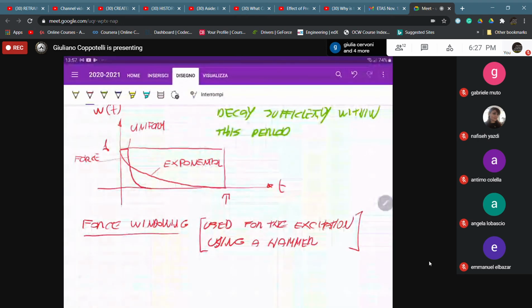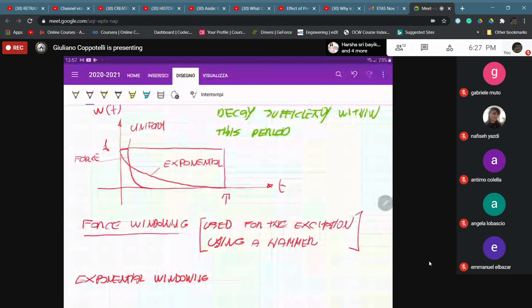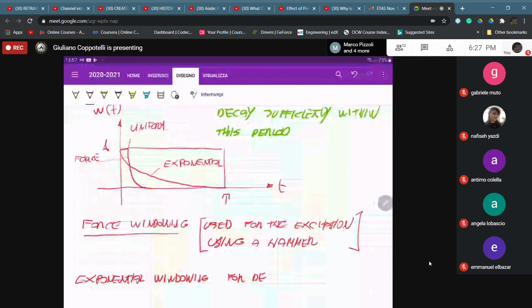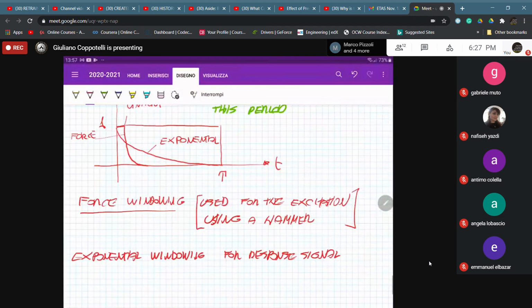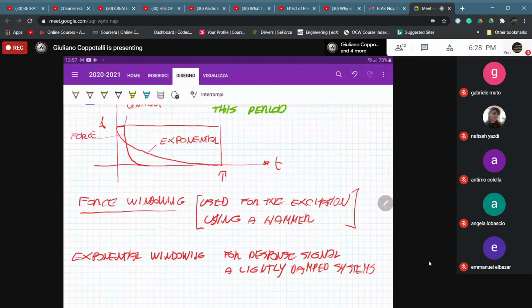We consider the exponential windowing for response signals characterized by lightly damped systems, in conjunction with the hammer excitation.